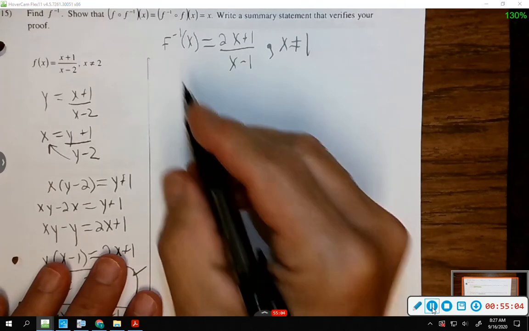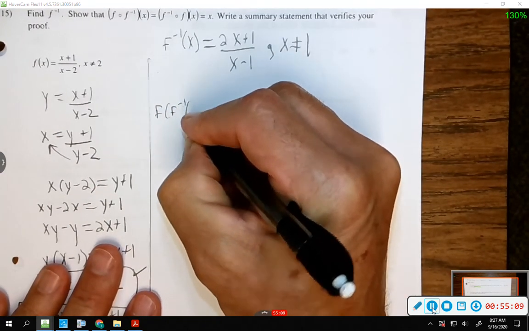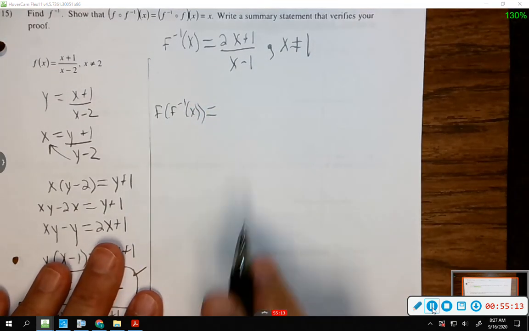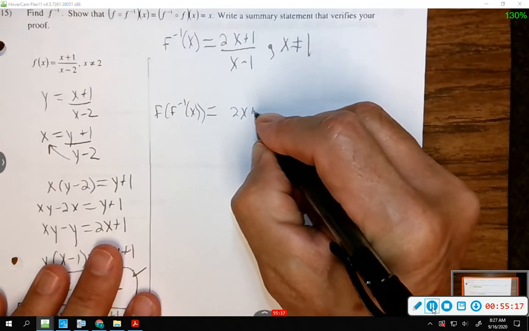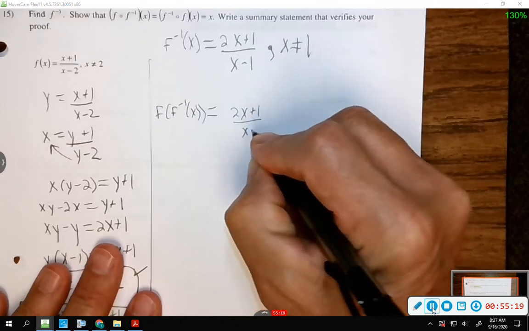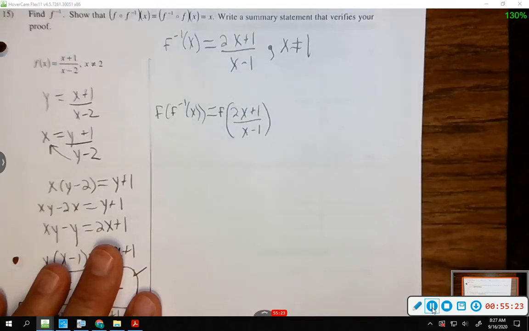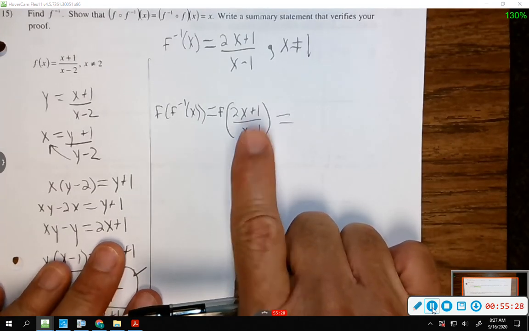So let's do the first one. f of f inverse of x. Take x, plug it into the inverse function. This comes out 2x plus 1 over x minus 1. And now that's going into the f machine. Sometimes it's good to just use, that is going in here and here into the f machine.